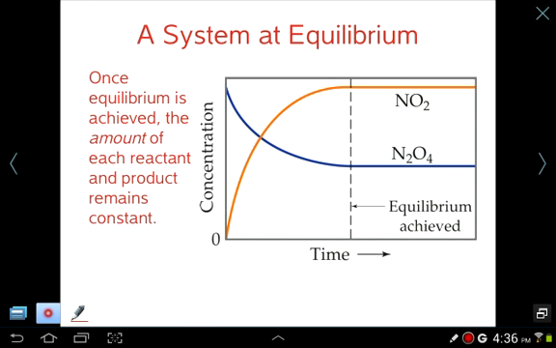So at equilibrium, the reactions keep going, the reactants still become products, the products still become reactants, but the amount or the rate has equaled out.